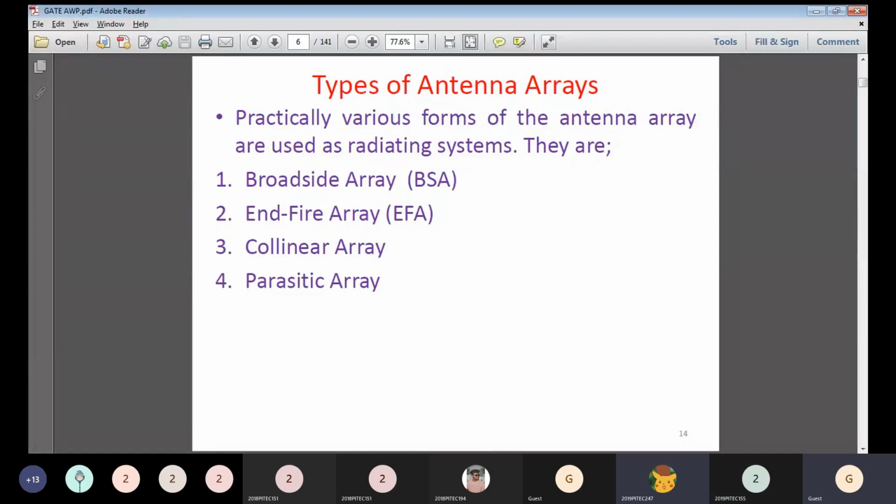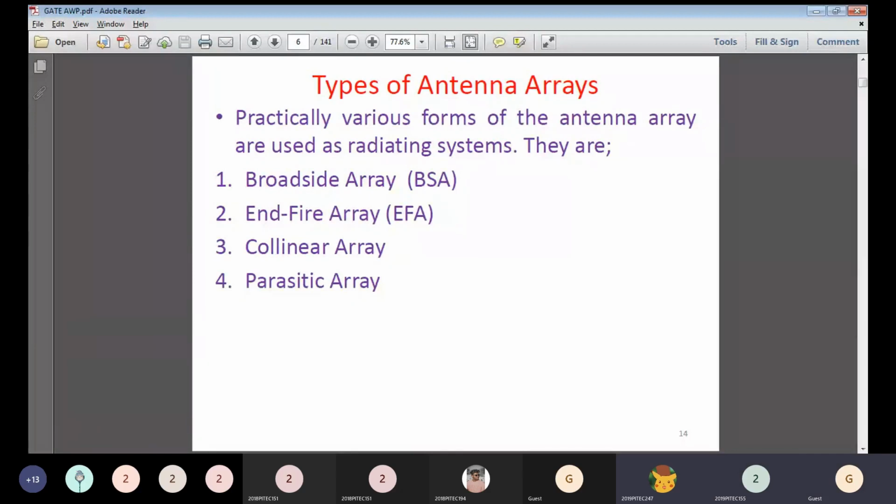The radiation you get in the case of broadside array is called a figure of 8. In the end-fire array, all the elements coincide with the antenna array axis, so that the radiation also coincides with the antenna array axis.